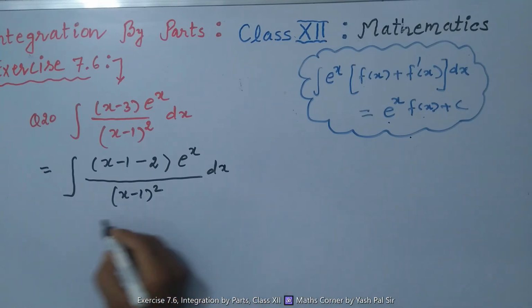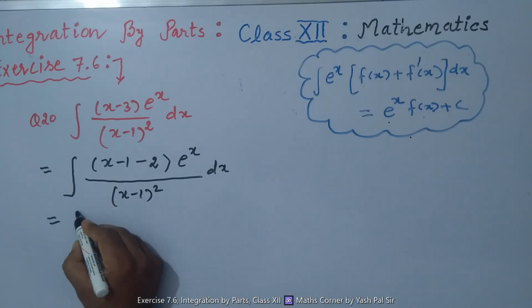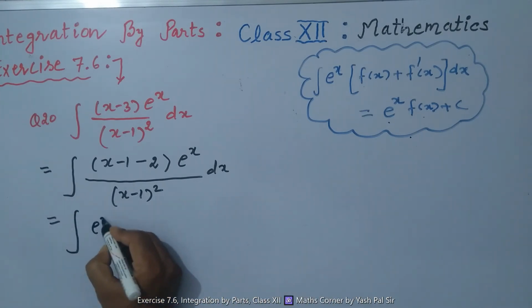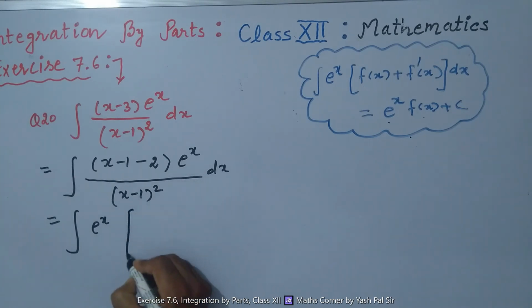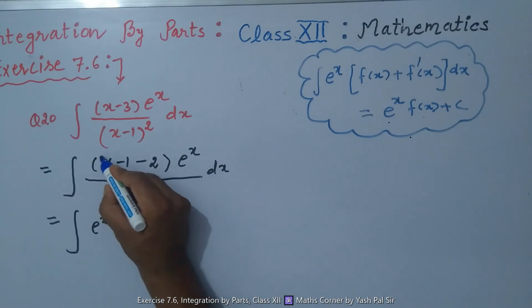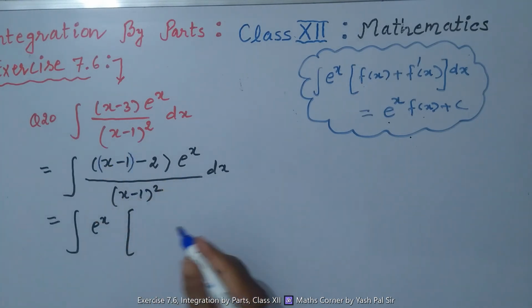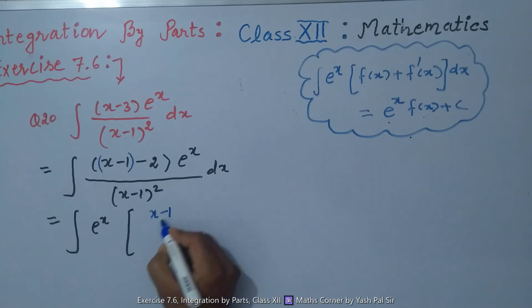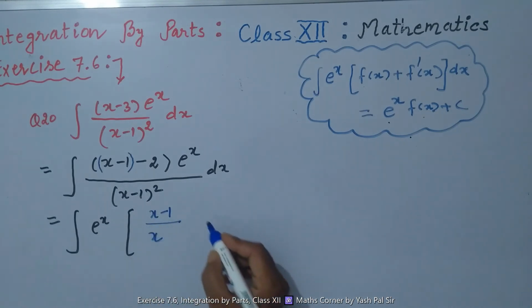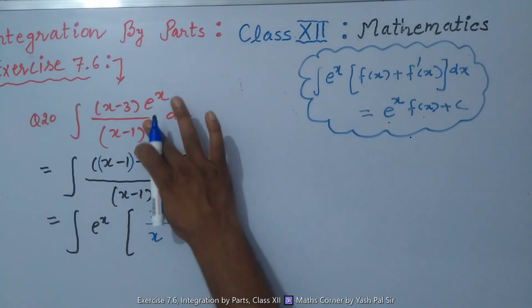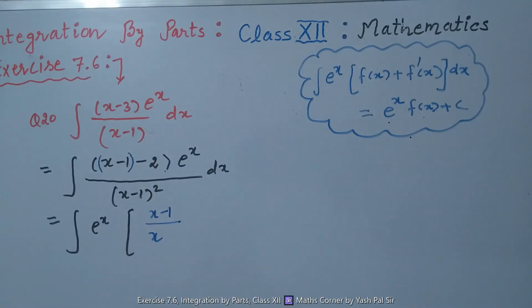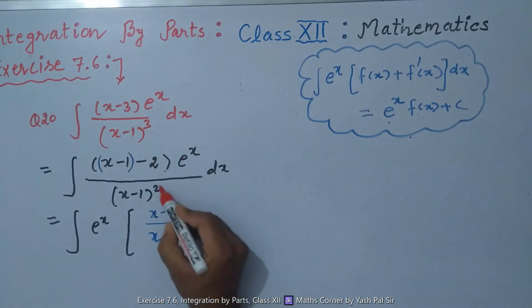So that means this becomes integration, writing e power x outside, in the next part we shall take x minus 1 upon x minus 1 whole cube.